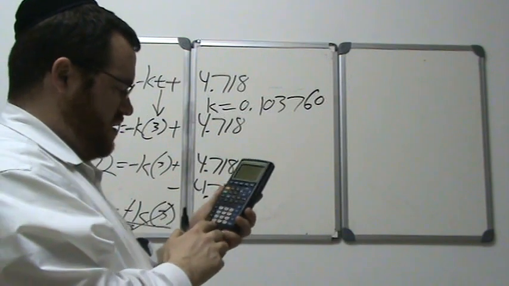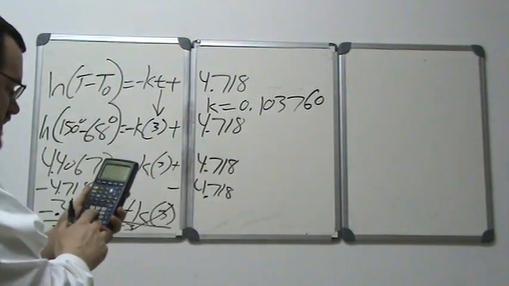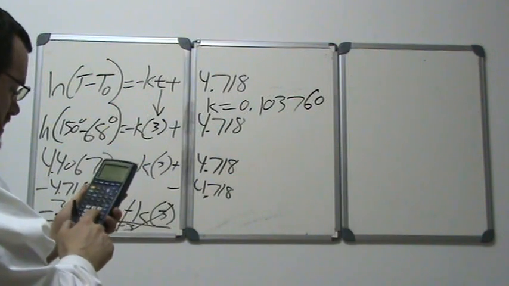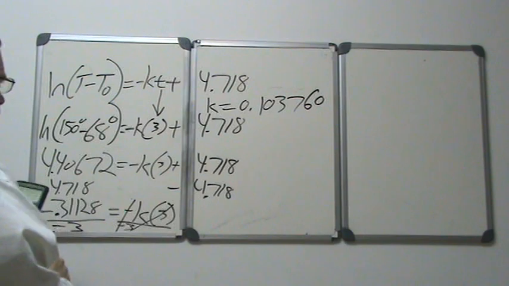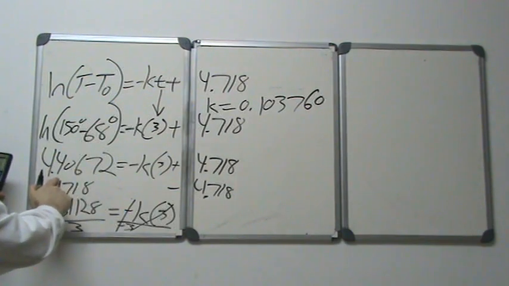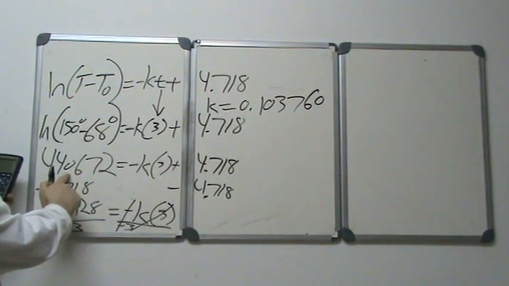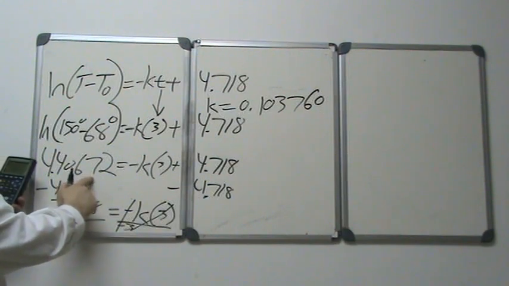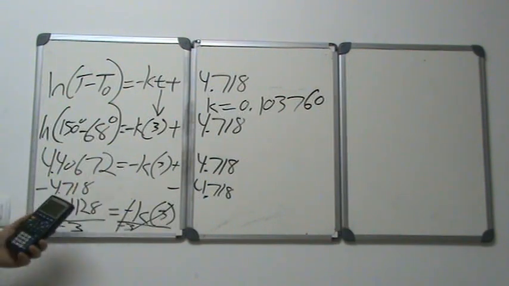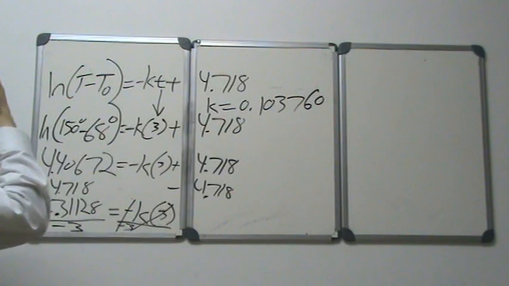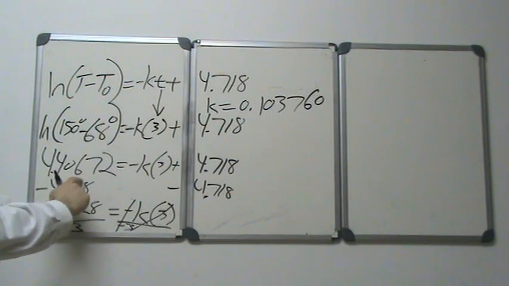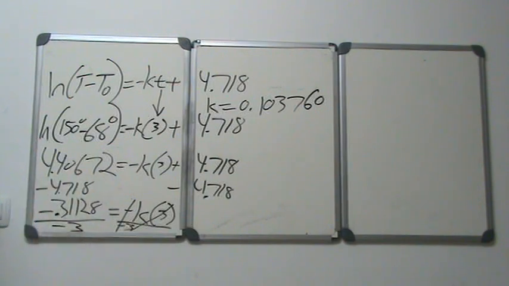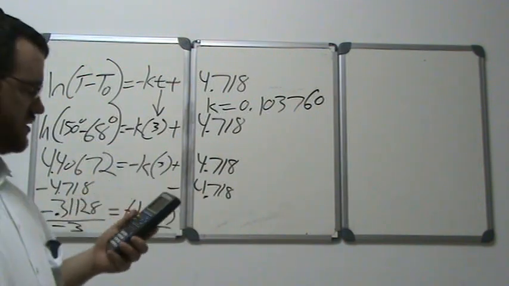Press LN of 150 minus 68, close parentheses, enter, is equal to 4.406719, and I rounded it up to 2. Because we only need to the thousandths, I could have just rounded the 7 up to 0.4067 to 0.407. But for now, I'm just doing it like this.